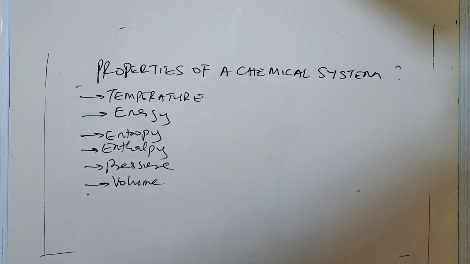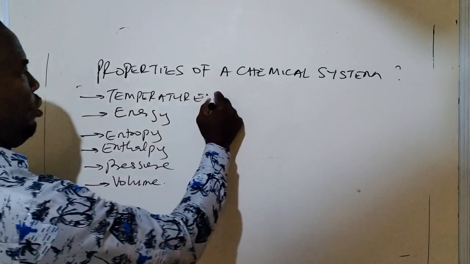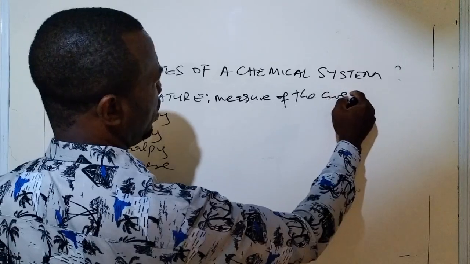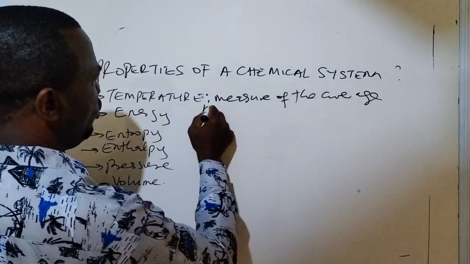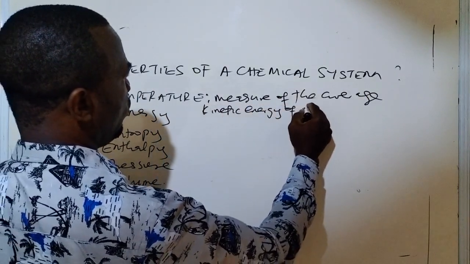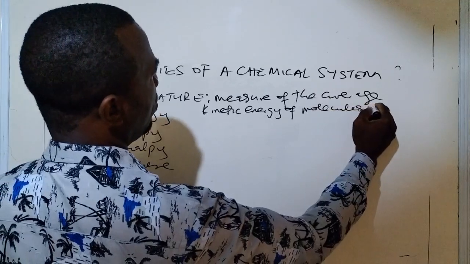So now we're looking at properties of a chemical system. We itemize some properties of a chemical system on the board. The first is temperature. Temperature refers to the measure of the average kinetic energy of molecules in a system.